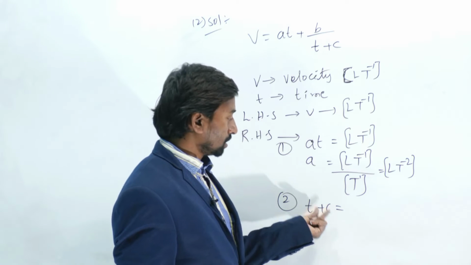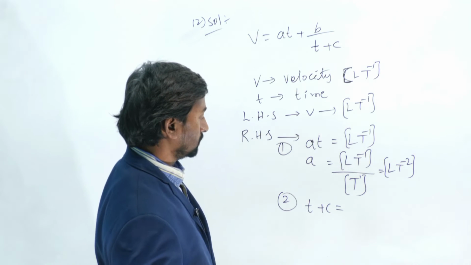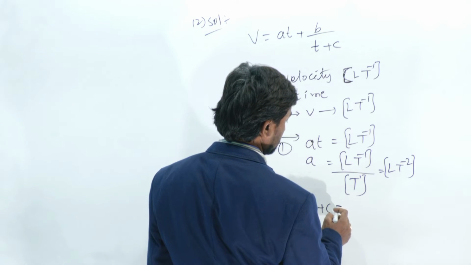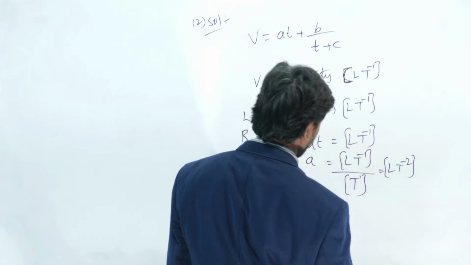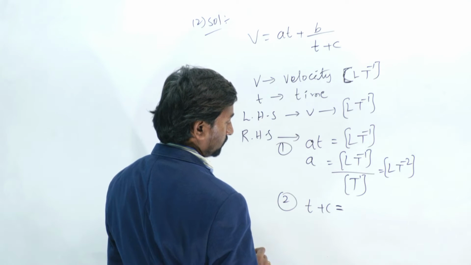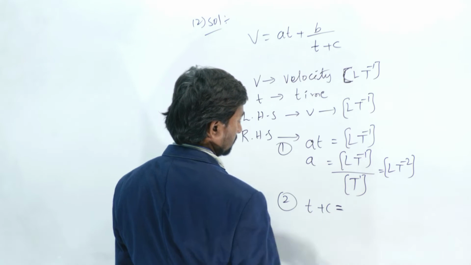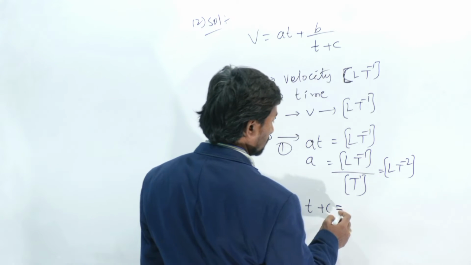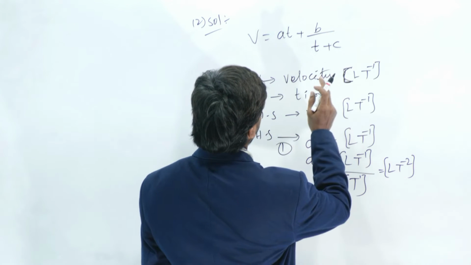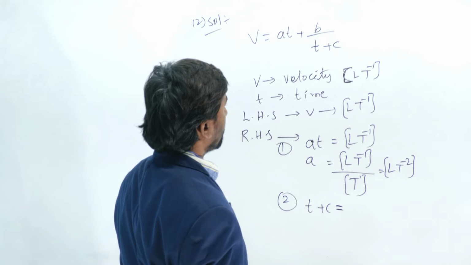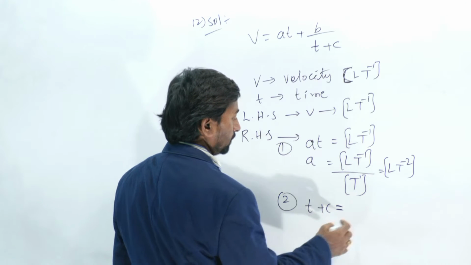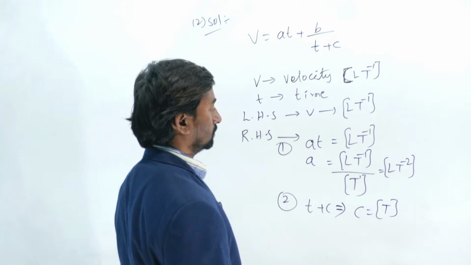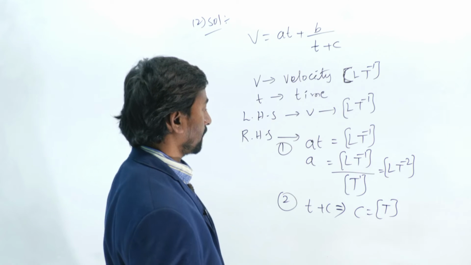T is the time, so c must also be time. So the dimensional formula of c is T.